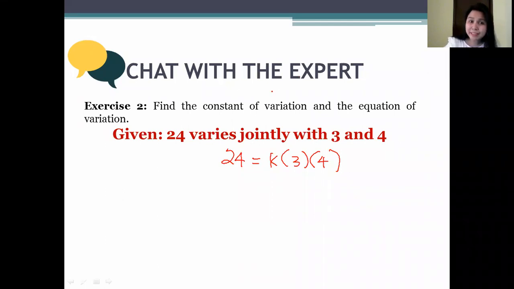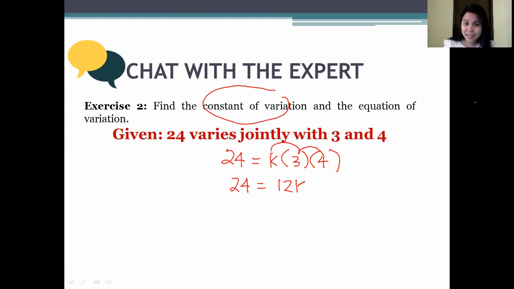We will be finding the constant of variation. So we have 24 equals 3 times 4 is 12 times K, that's 12K. Divide both sides by 12. So we will have K equals 2.